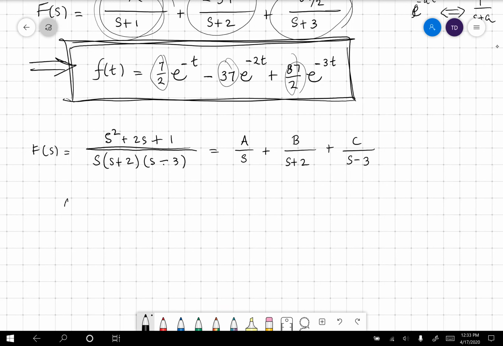When we have P plus P conjugate, this is 2 alpha, but alpha is the real part of P. So for any complex number, when I add the complex number to its complex conjugate, it's twice the real part of that complex number. You can probably see there's a similar thing that happens when I subtract.